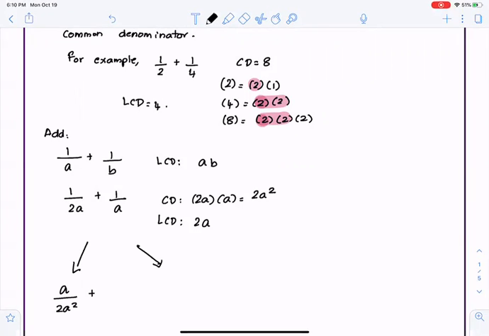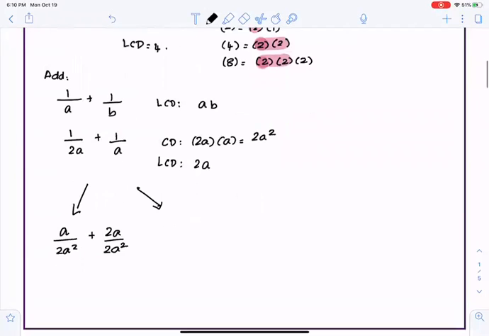So I'd multiply and divide by 2a. So I have 2a over 2a squared, which would give me an answer as a plus 2a divided by the common denominator, 2a squared. I will have 3a over 2a squared. The a can be cancelled, and I'll have 3/2a.